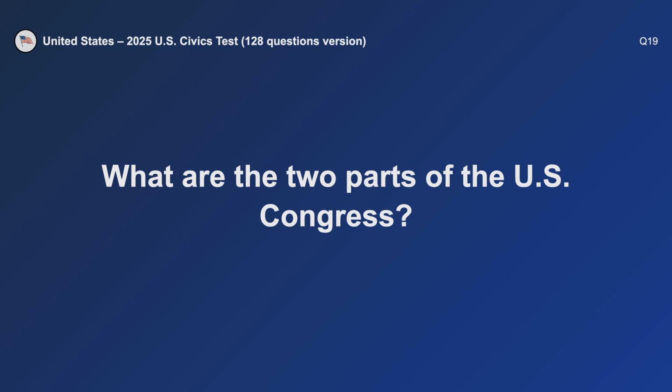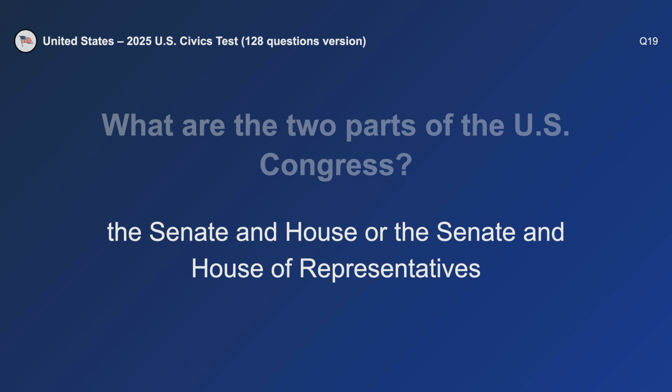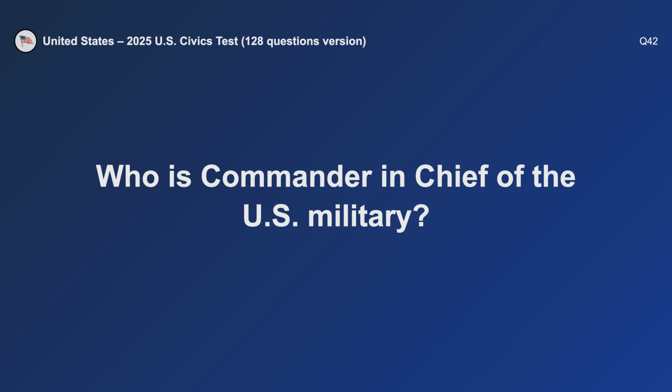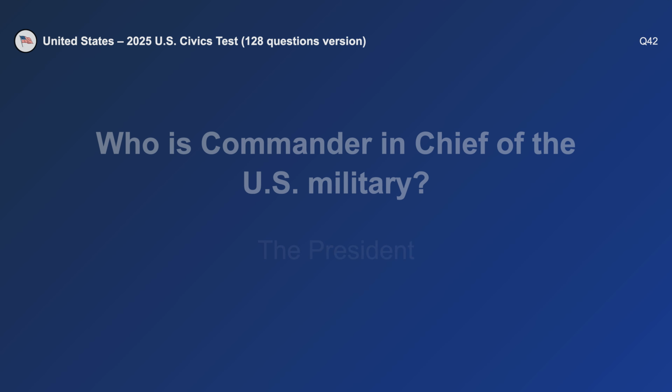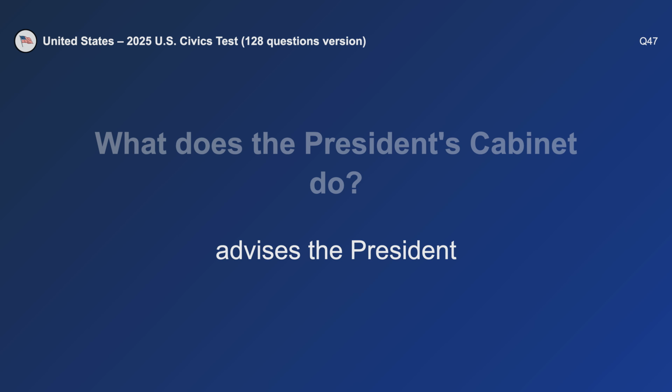What are the two parts of the U.S. Congress? The Senate and House. Who is Commander-in-Chief of the U.S. military? The President. What does the President's cabinet do? Advises the President.